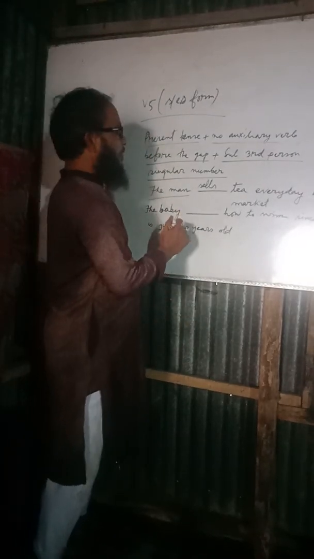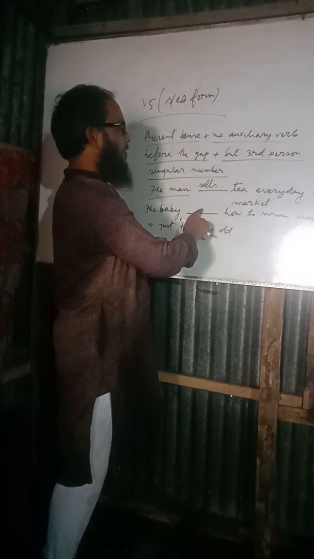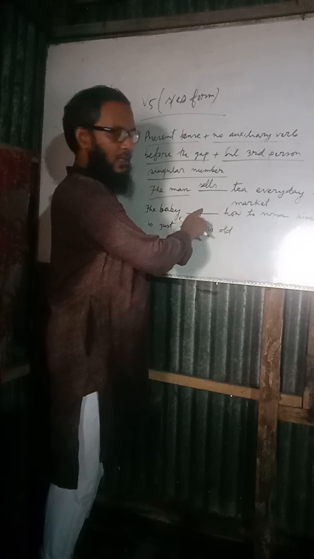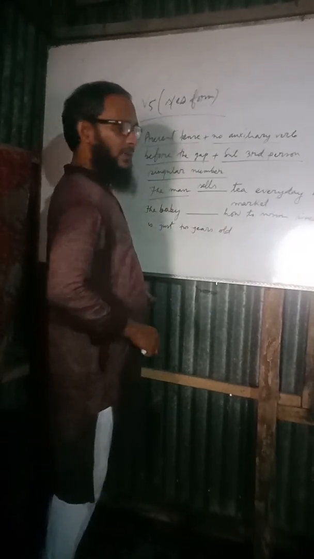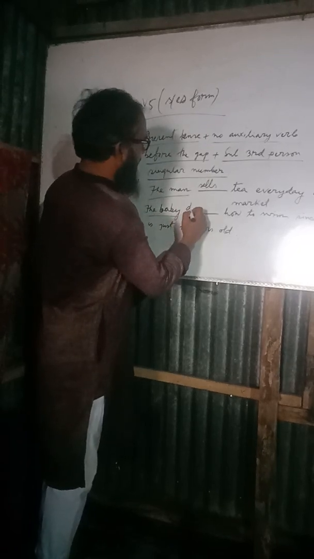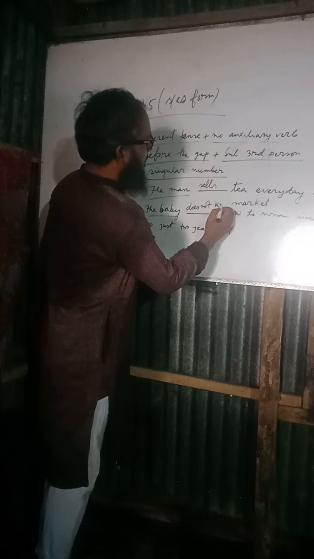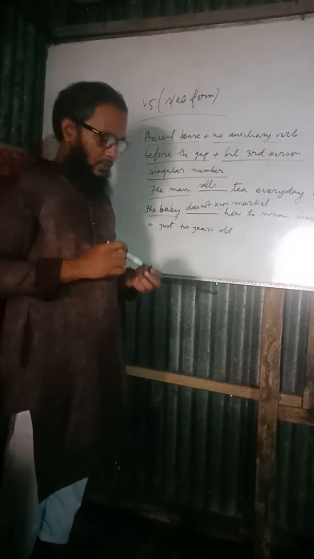So if you put a nose, then it will be incorrect. So the sense reveals that here negative sense should be put. So the baby, third person, singular number. The baby does not know. Okay, is it clear to you?